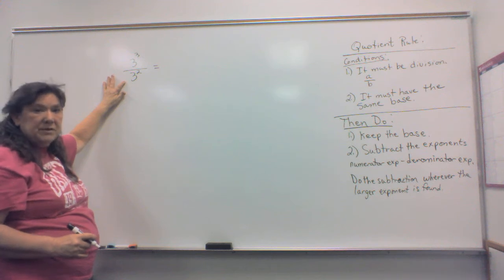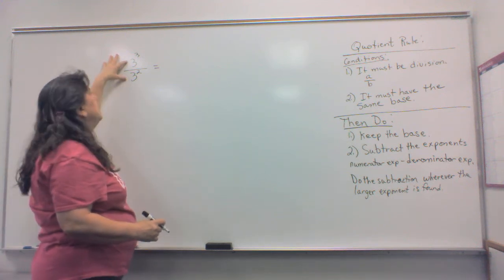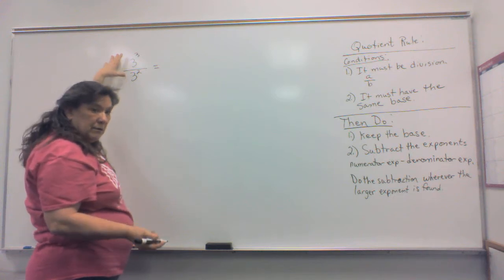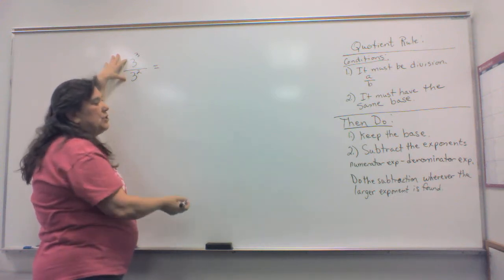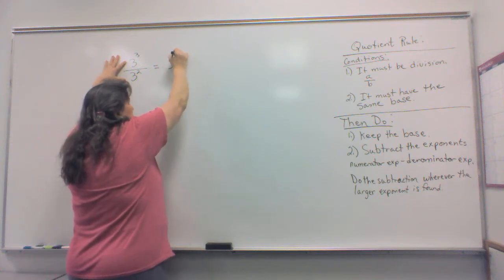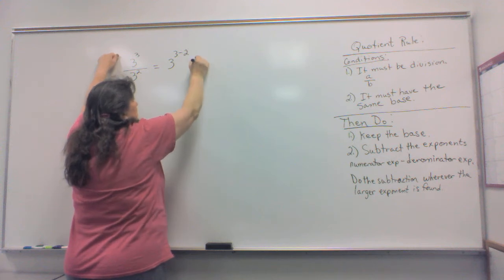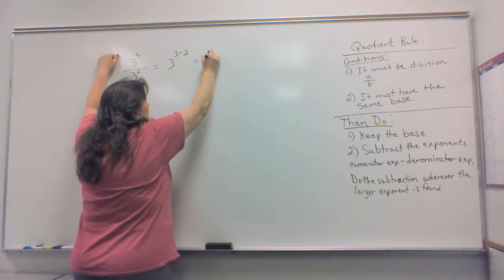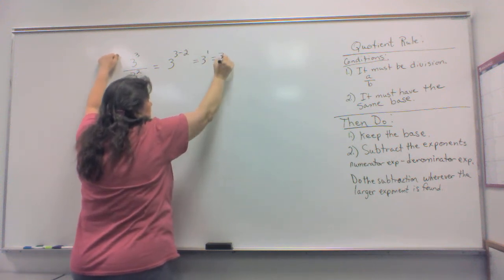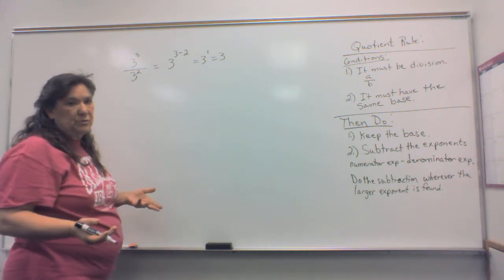Yes, they're both the same base. So now we're looking at the actual application of it. I keep my base, I do my subtraction, numerator minus the denominator, which equals 3 to the first power, which is simply 3.